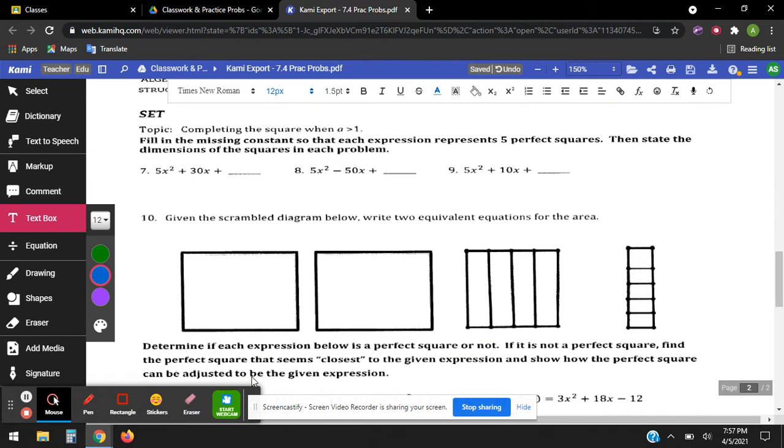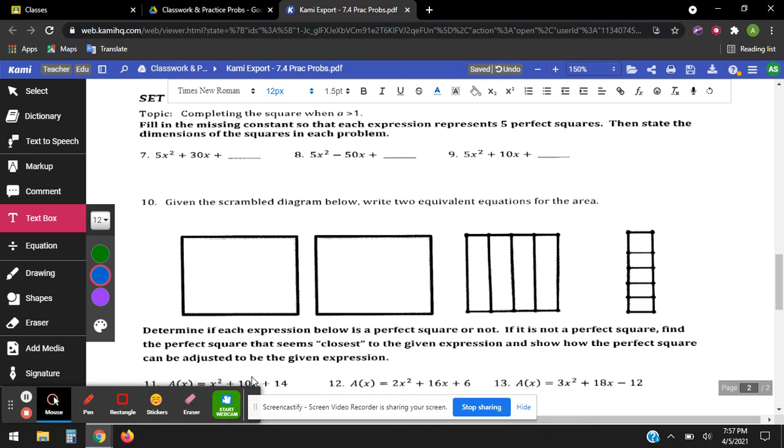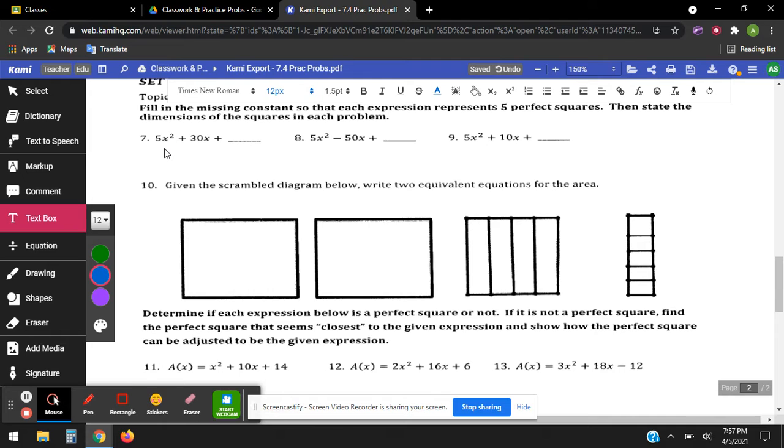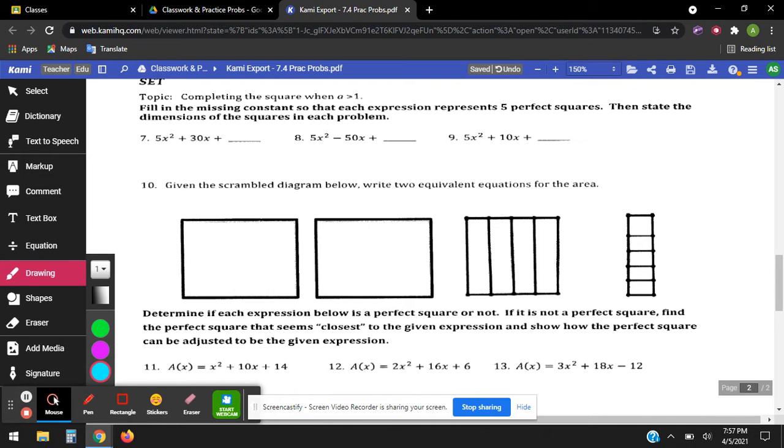Second page. So we want to complete the square when we have an A that is bigger than 1. So we got to fill in our constant. Well, let's start with undistributing our 5. So that leaves me x squared plus, take out 5, is 6x.